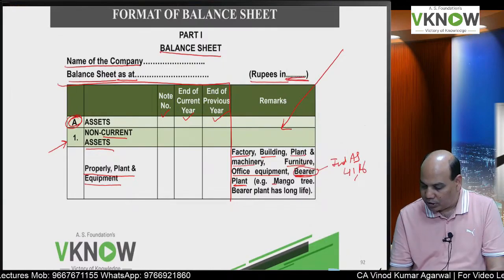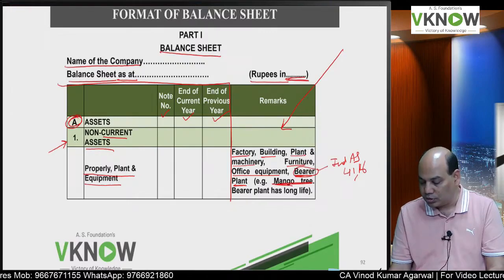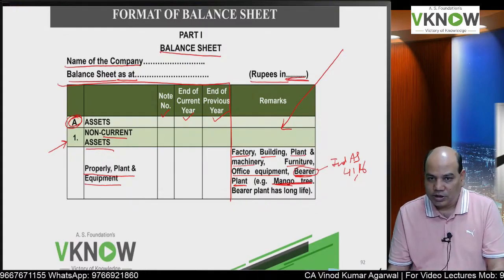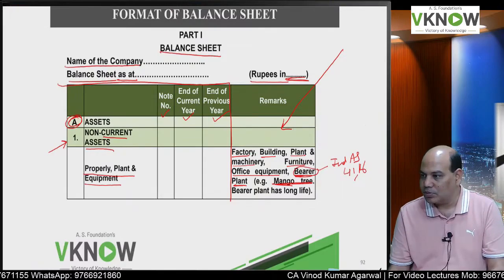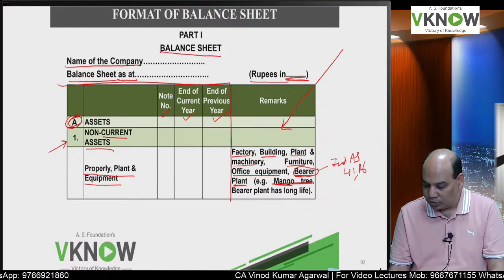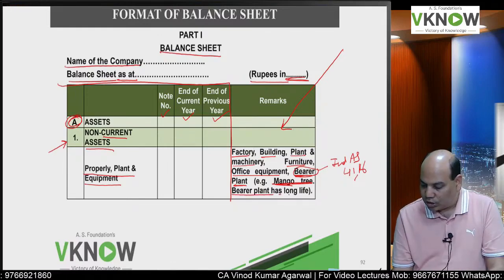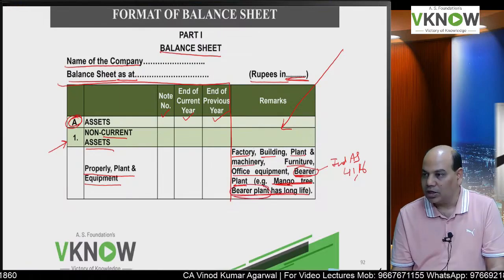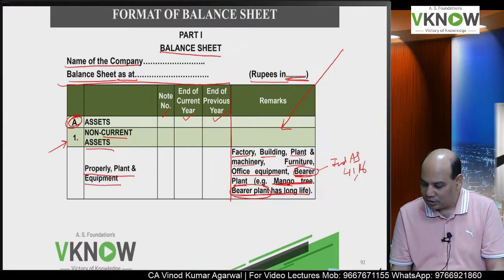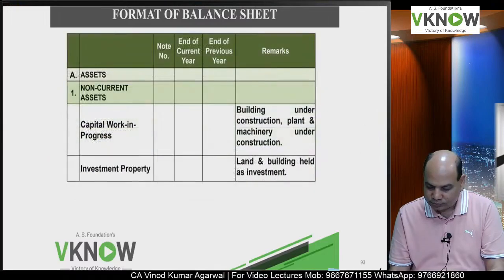Example of a bearer plant is a mango tree, that is those plant which bear fruits and vegetables. They themselves are not sold, but the produce is sold, like mango tree, and they have a long life. So therefore even the bearer plants are treated like PPE. They are also depreciated, revalued and like that.